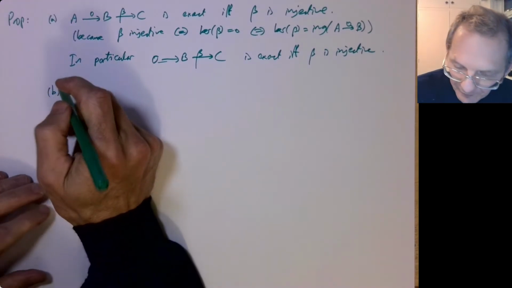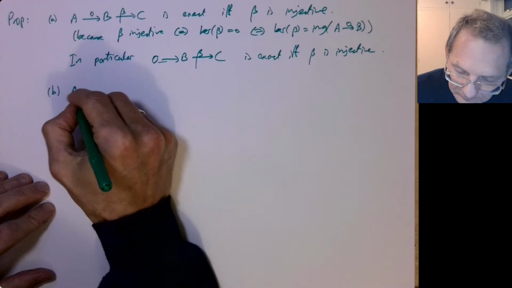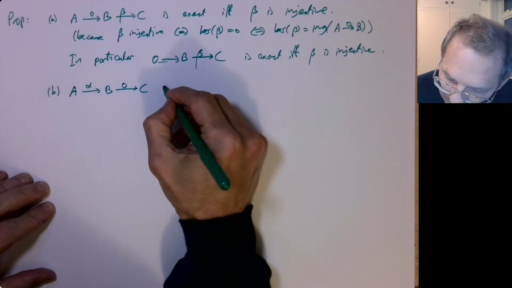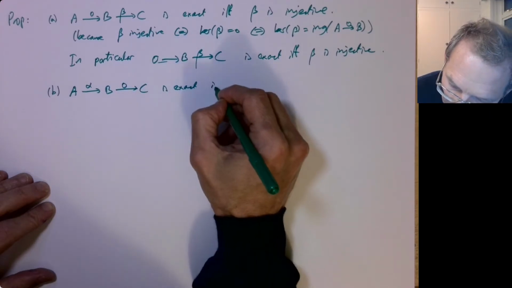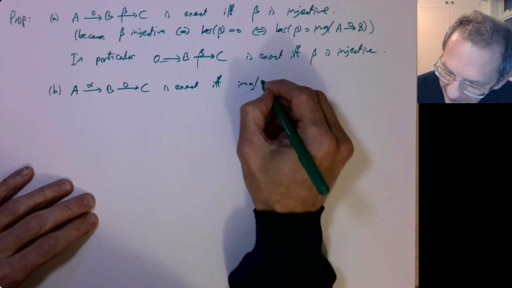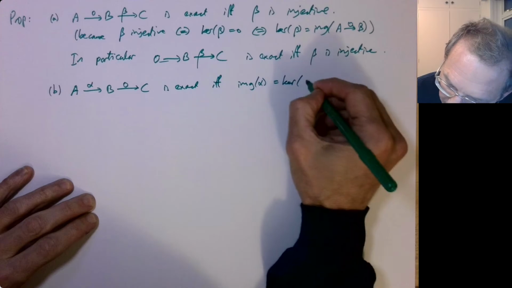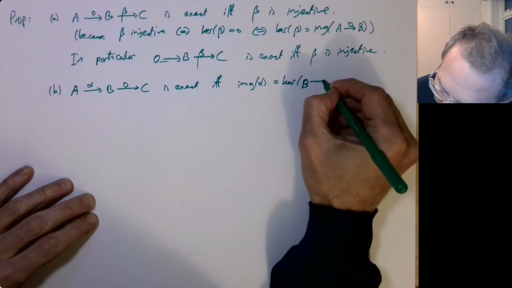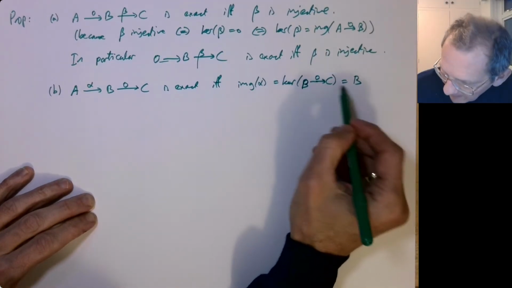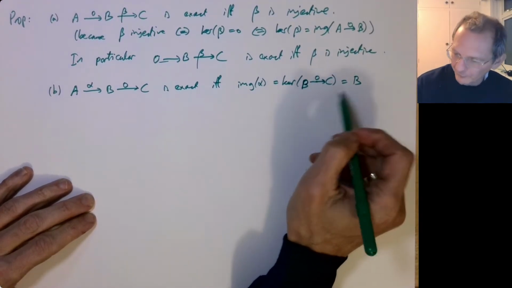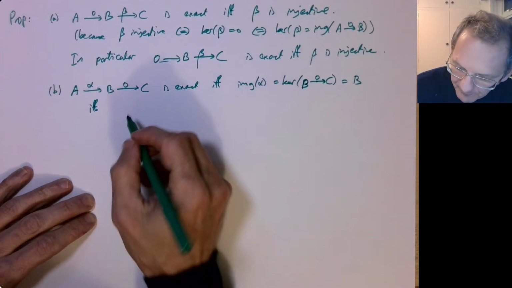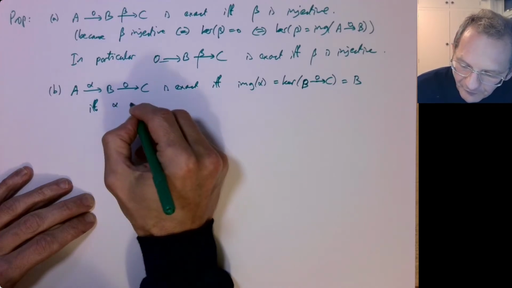And there's a counterpart for that in terms of surjective maps. This is exact if and only if the image of alpha is the kernel of this 0 homomorphism. But the kernel of the 0 homomorphism is the stuff that gets sent to 0, which is all of B because the homomorphism is trivial. To say that the image of alpha is B is the same as saying that alpha is surjective.